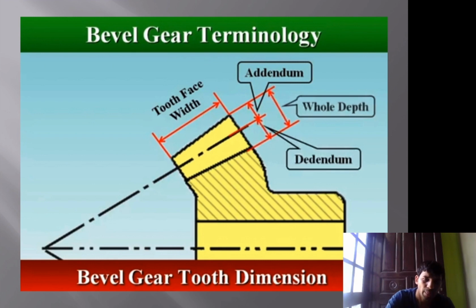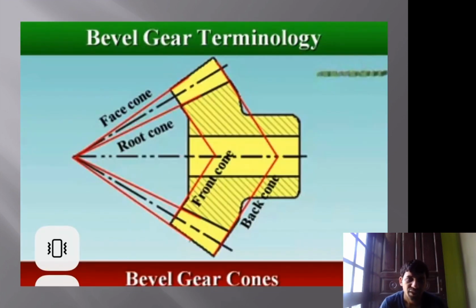Okay, so next is face cone, root cone, back cone and front cone. As we discussed earlier in the previous pictures, face cone is the cone made by the face of the tooth with the axis of the shaft.